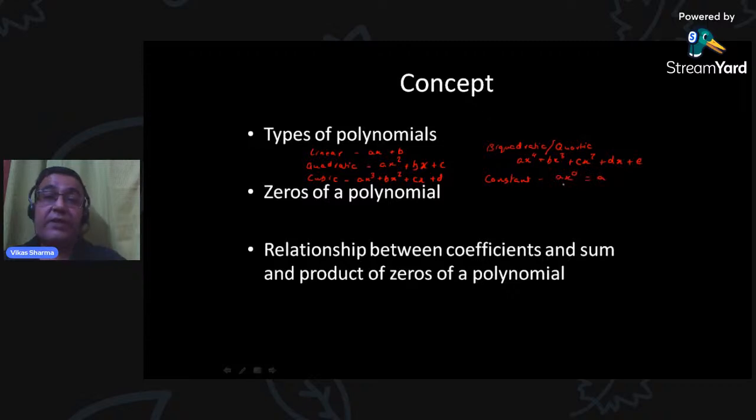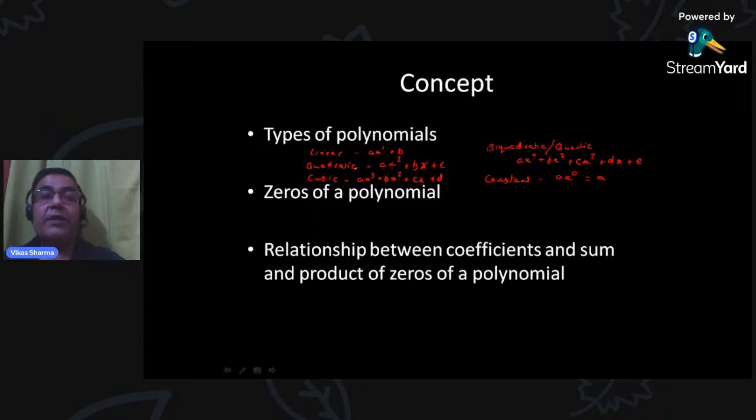Whenever it's a constant polynomial, the degree of the polynomial is 0. Whenever we are talking about a linear polynomial, we're looking at the highest power that the variable is taking, and the highest power here is 1. That is why it is called a linear polynomial. Whenever the degree is 1, it is called a linear polynomial.